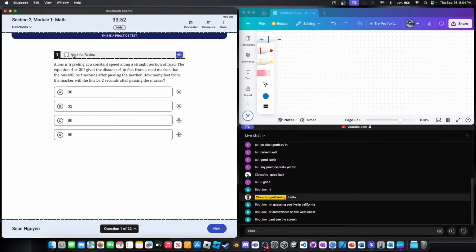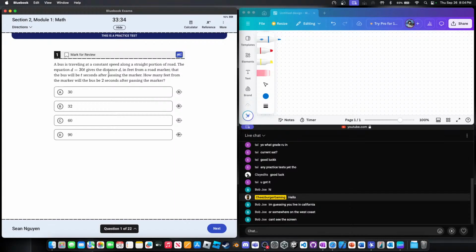Can't see. Oh, right. Thank you. There's our problem. How many feet from the marker will the bus be 2 seconds after passing the marker?